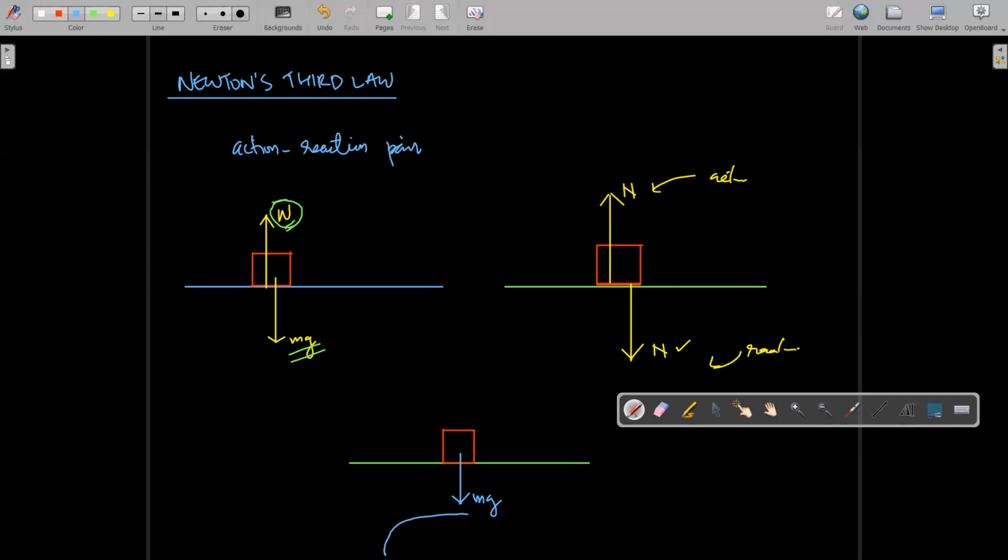If this is earth, say this is earth, so mg is due to the earth, right?